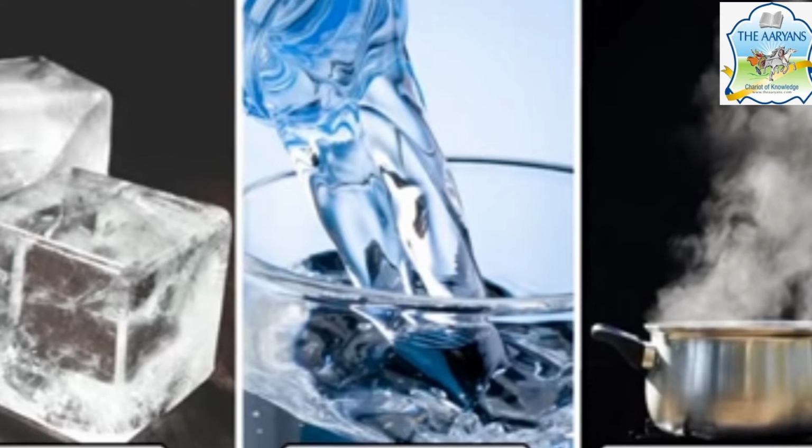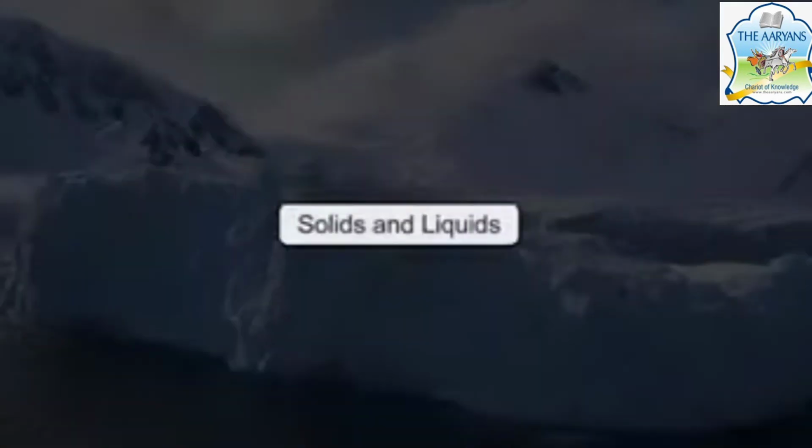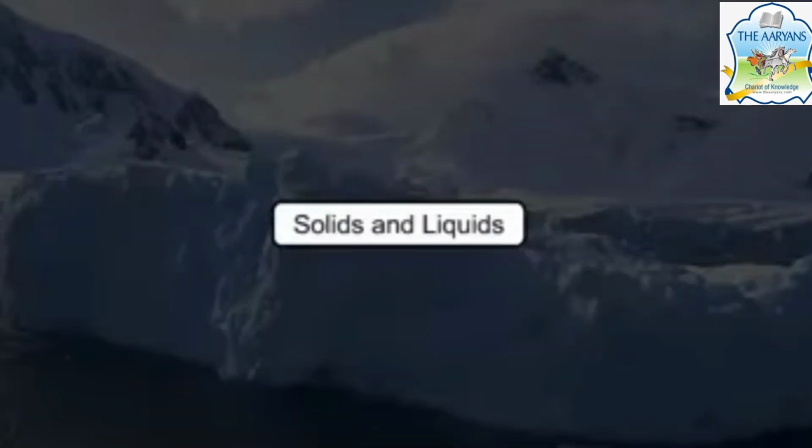They are all basically water. When water freezes, it becomes ice, a solid form. When it melts, it becomes water, a liquid form. And when it evaporates, it changes into vapor, the gaseous form.